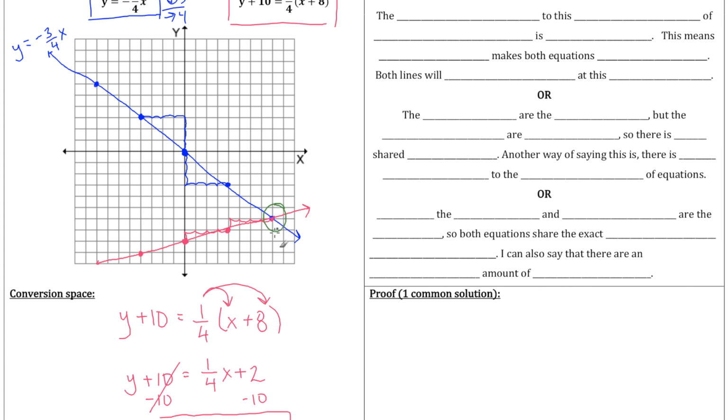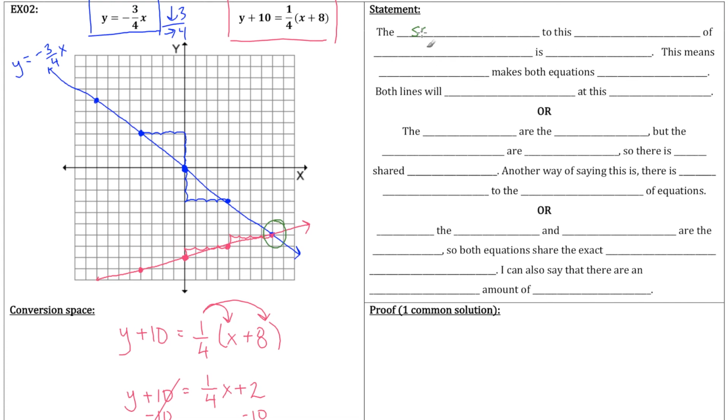This is the solution to the system of equations. The solution to this system of equations is, let's see, 8, 1, 2, 3, 4, 5, 6.